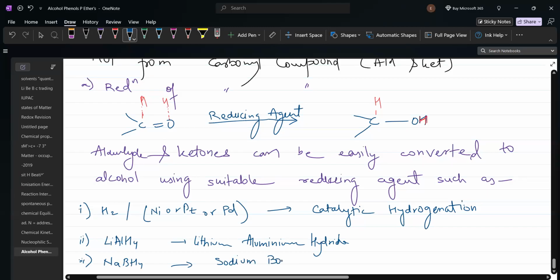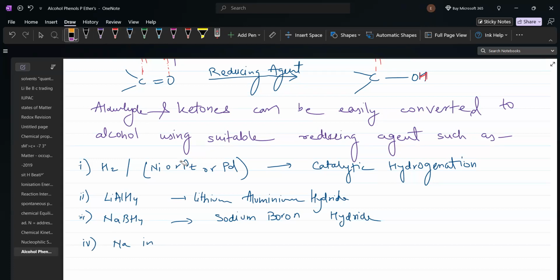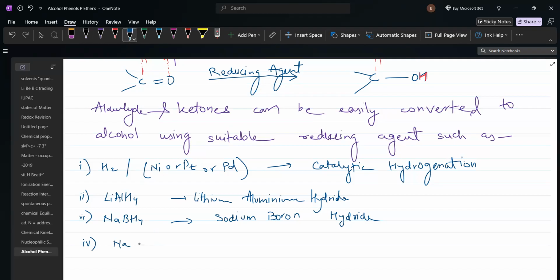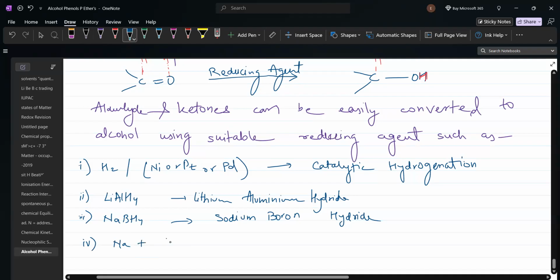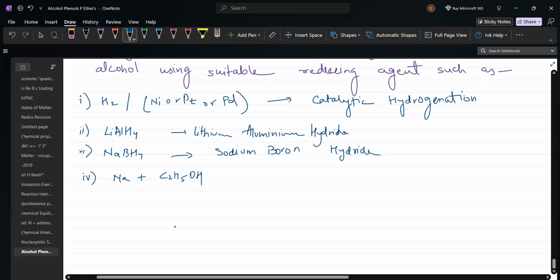Then the last one we have is sodium plus C2H5OH. These are the popular reducing agents.